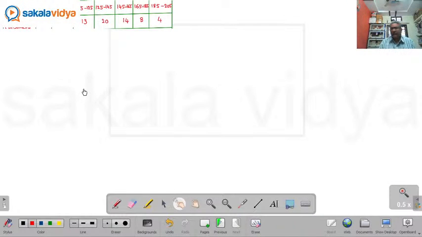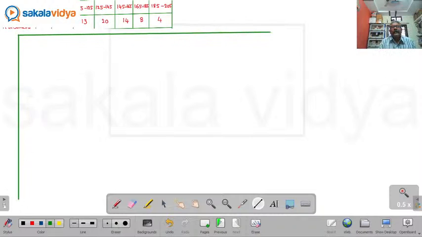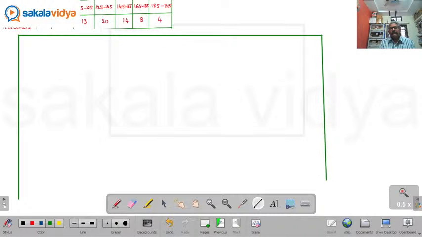With the help of this we need to prepare the table now. At a time, simultaneously, let us find out median, mean and mode.